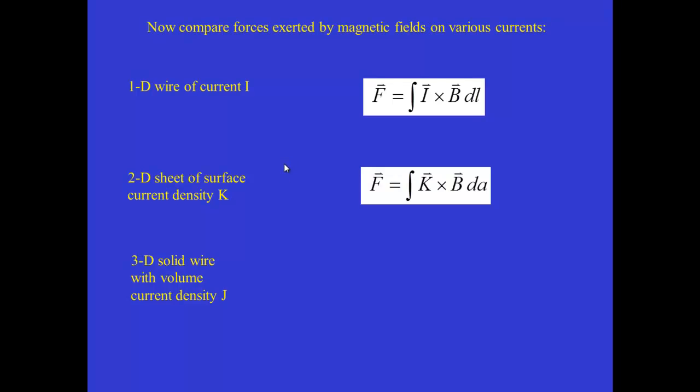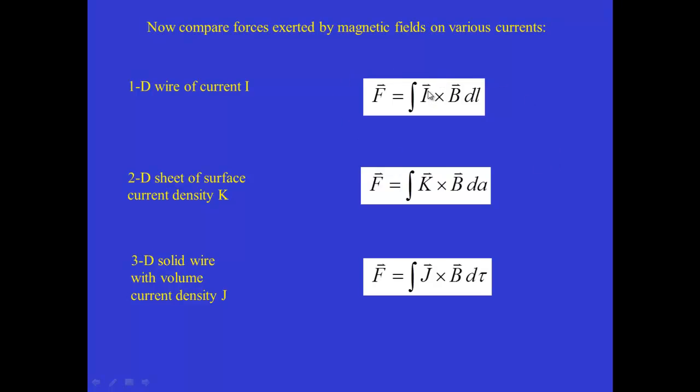And finally, for a 3D solid conducting wire, the force is the integral of J cross B d tau, where the integral is over the entire volume of the wire. And look at how similar those equations are. You can see now why we go to the trouble to define these quantities K and J, because when we do, they give us a force equation very similar to the original one for the one-dimensional wire.